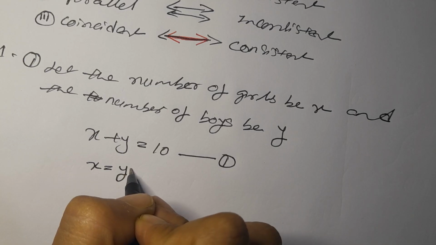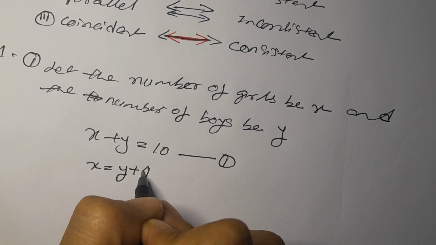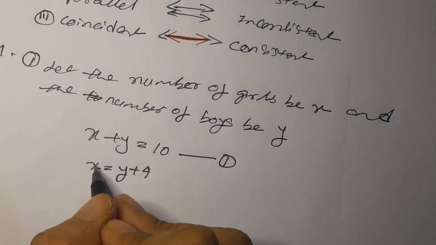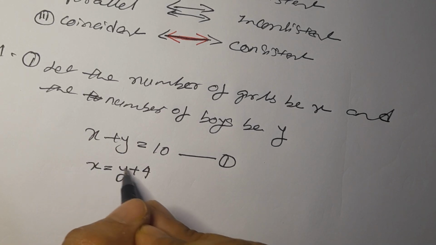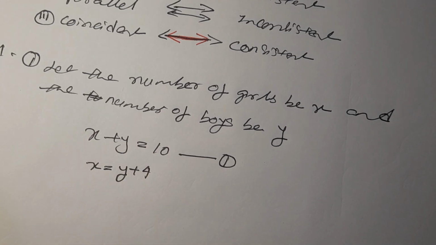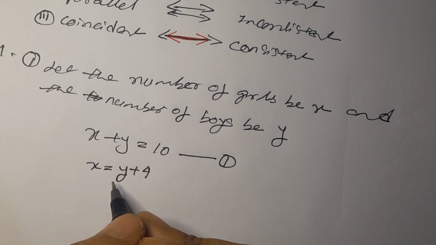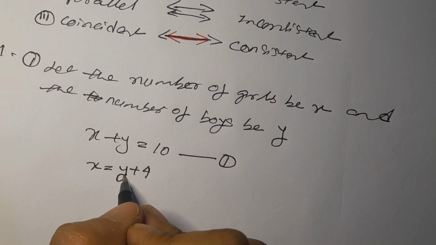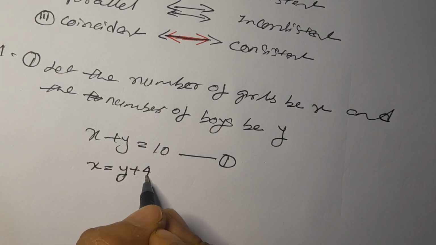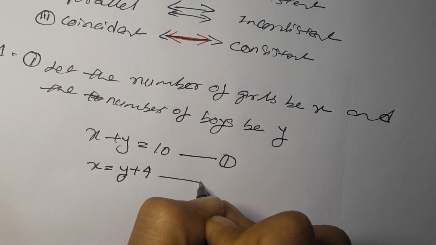How much more? That is 4. So plus 4. So this is the number of girls. The number of girls is 4 more than the boys, so it will be in this way. This is the number of boys. How much more? 4 more. So we got two equations.